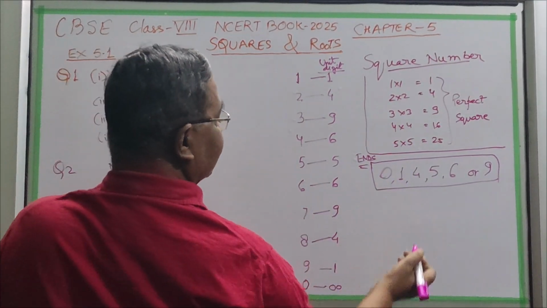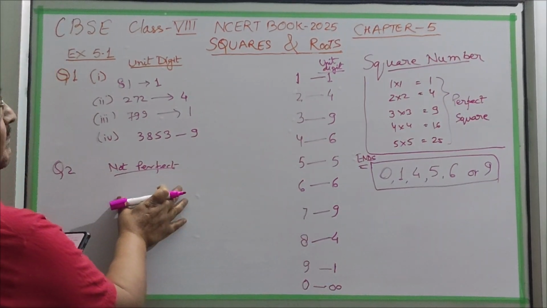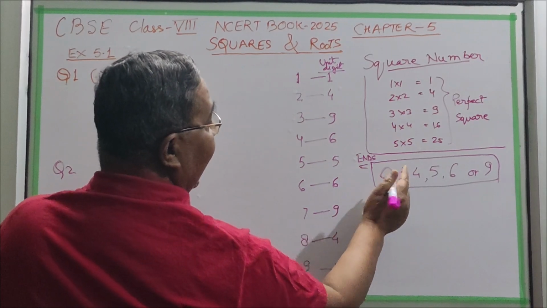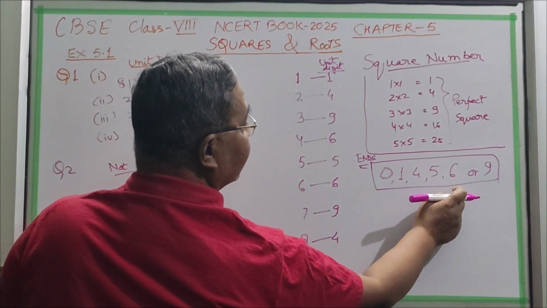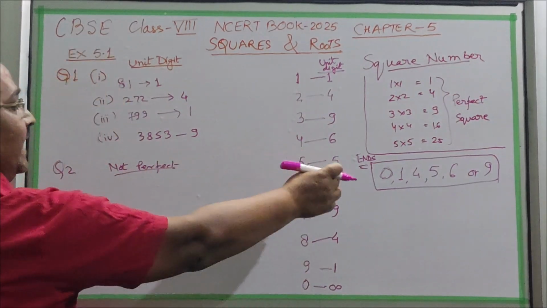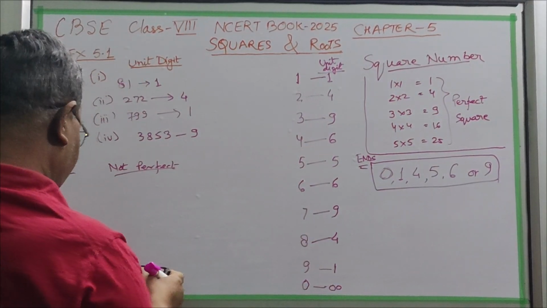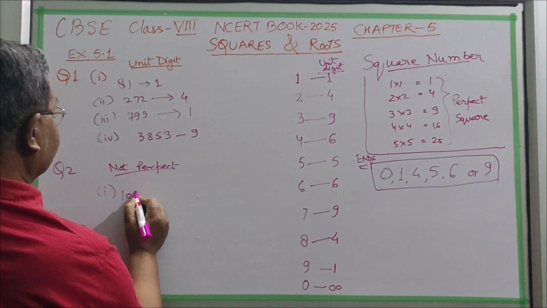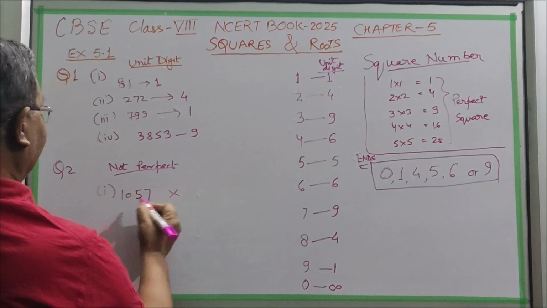A perfect square has the peculiarity that it ends with 0, 1, 4, 5, 6 or 9. Based on this we can check. Question 2, the first number is 1057. So 7 is not there, so it is not a perfect square.